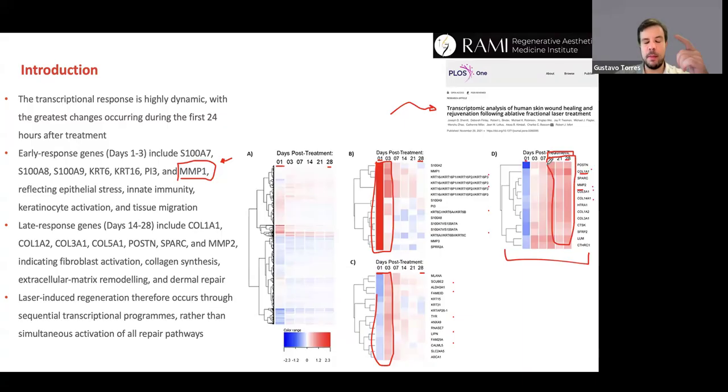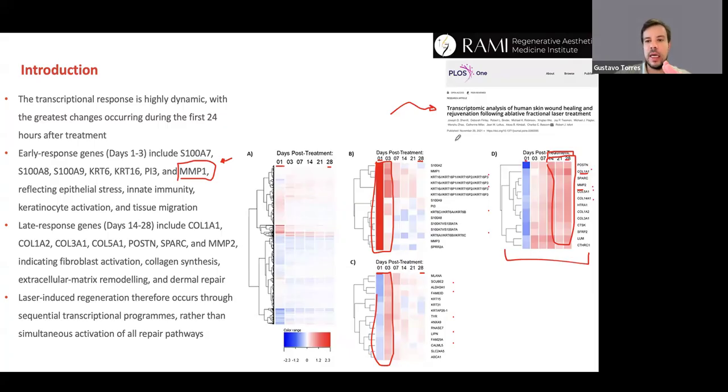So if you remember what we talked about gene expression, this means that the damage that happened in the beginning, let's just focus on the damage that happened in the beginning, while it recovers, as it recovers, we have some stimulus that lead not only to cells proliferating, but also to transcription factors linked to collagen and metalloproteinases dealing with the tissue, and so on and so forth.